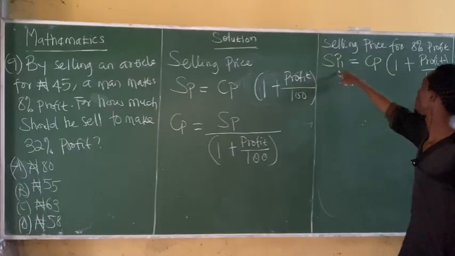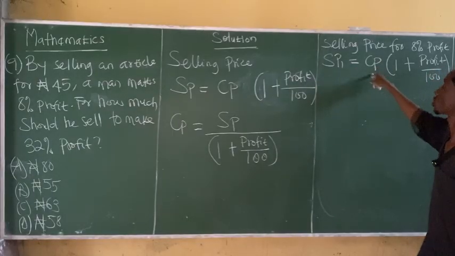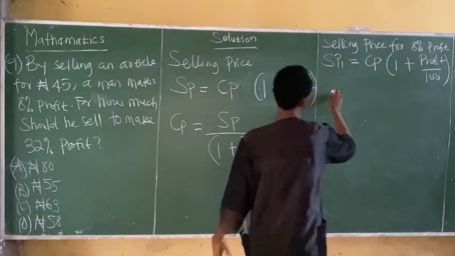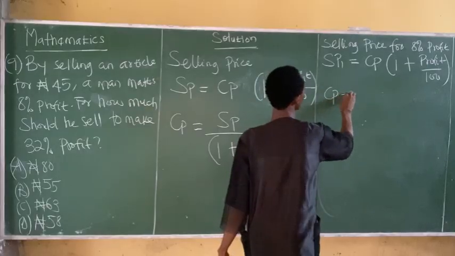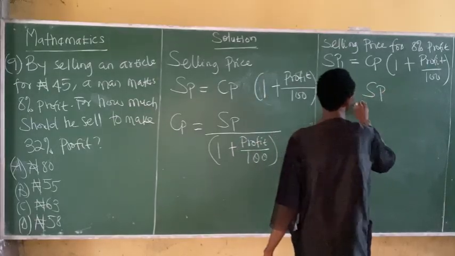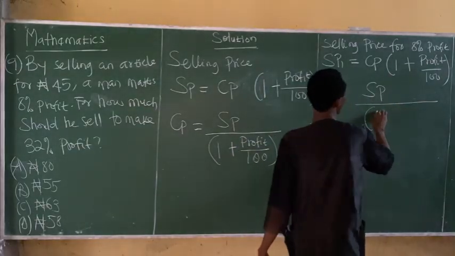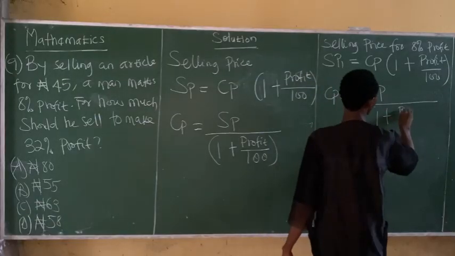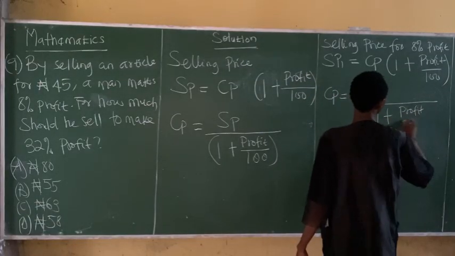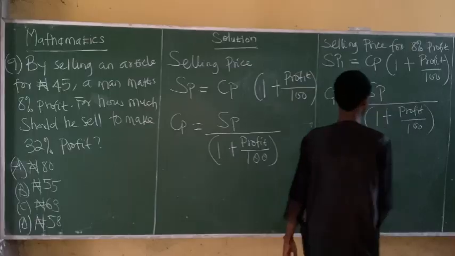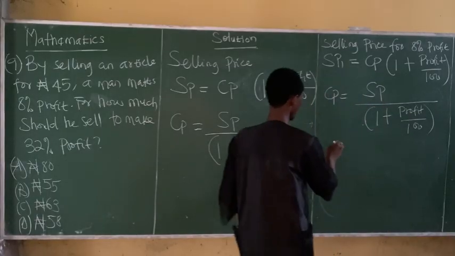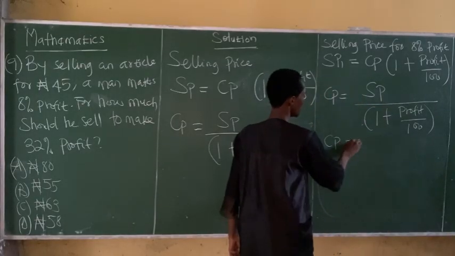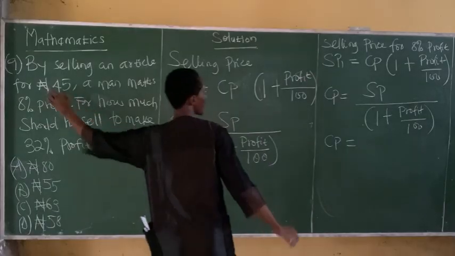Now, we know the selling price, but we don't know the cost price. So if we make cost price the subject of formula, we have CP is equal to SP all over 1 plus profit divided by 100. SP here, which is the selling price, is equal to 45 naira.